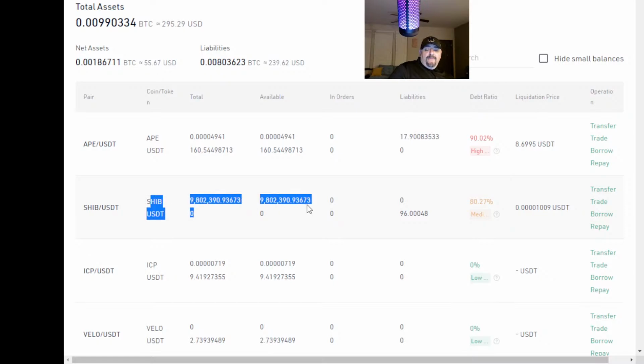But with Shiba Inu, I owe USDT of $96. So right now, that would mean I think I used 10 bucks there. So 10% there, that's another 10 bucks, another win. But since SHIB is on its way up still, we're going to hold our long.